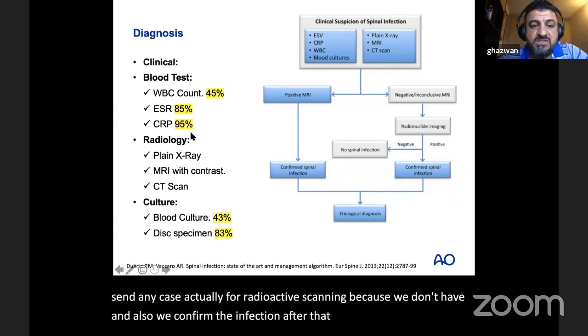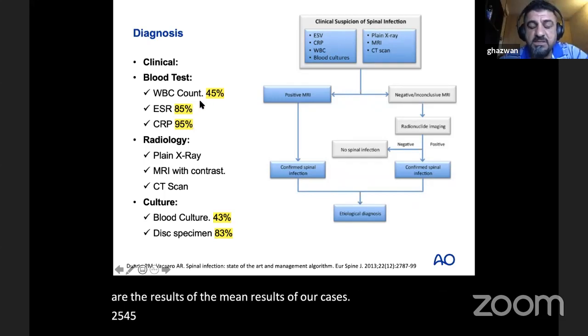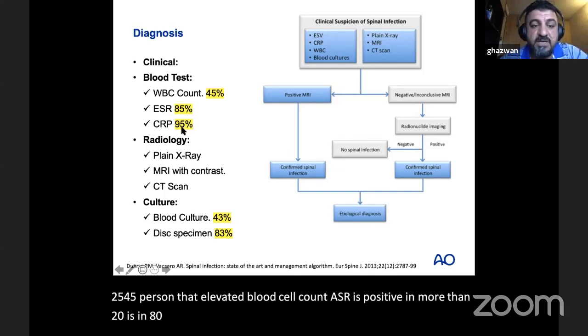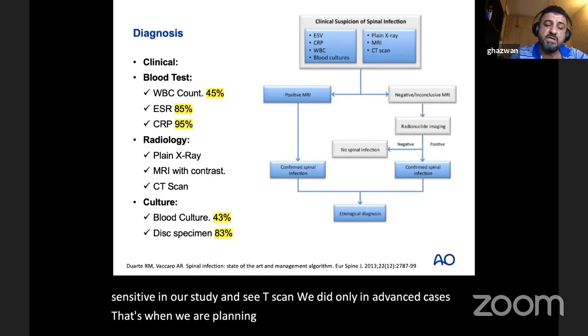These are the mean results of our cases. 45% had elevated white blood cell count. ESR is positive in more than 85%, and CRP is positive in 95%. Radiology: MRI is the most sensitive in our study, and the CT scan we did only in advanced cases, when we are planning to do surgery, as I will mention later on.